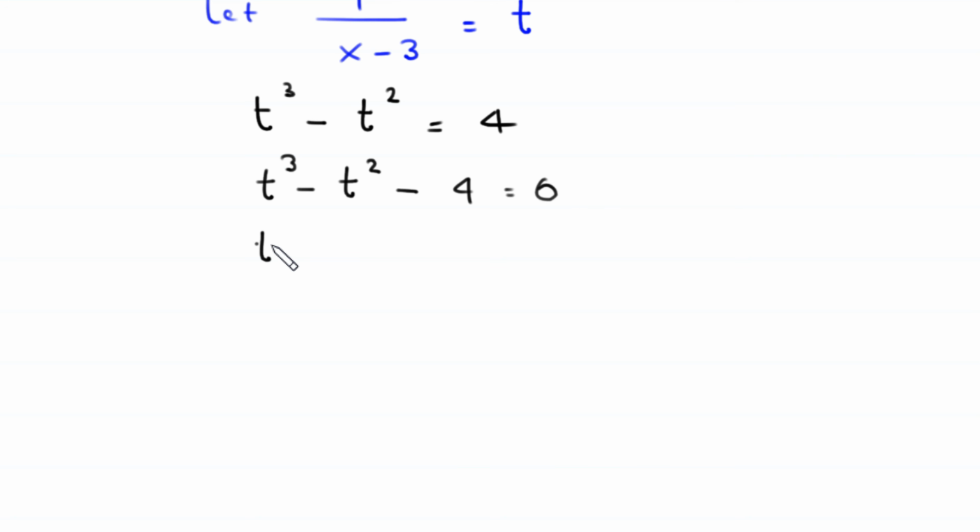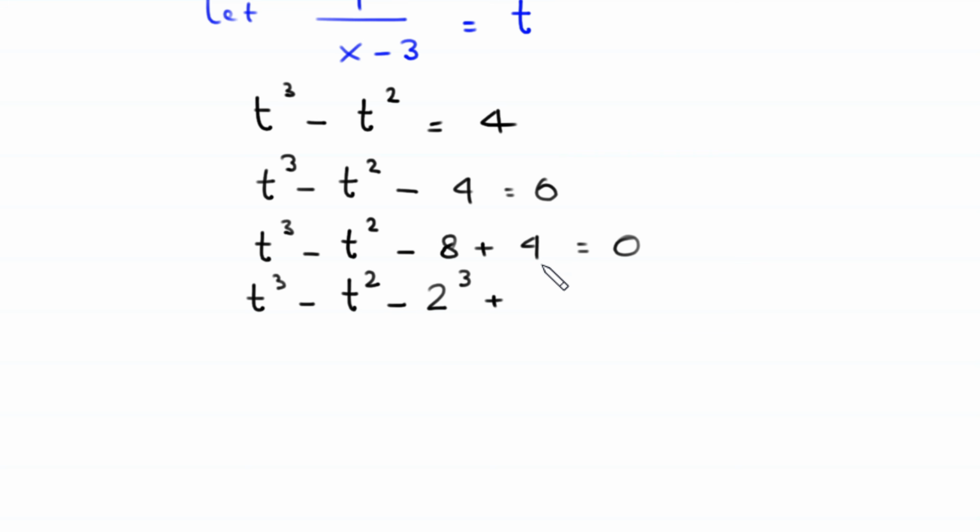Next, t cubed minus t squared. This negative 4 is same as negative 8 plus 4 equal to 0. Next, t cubed minus t squared minus 8, which is same as 2 cubed, plus 4, which is same as 2 squared, equal to 0.